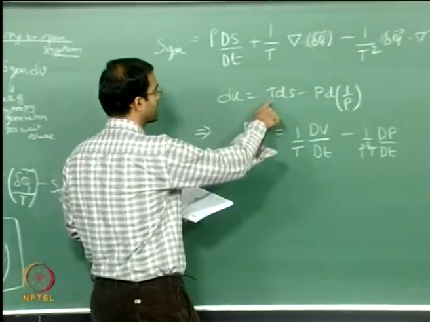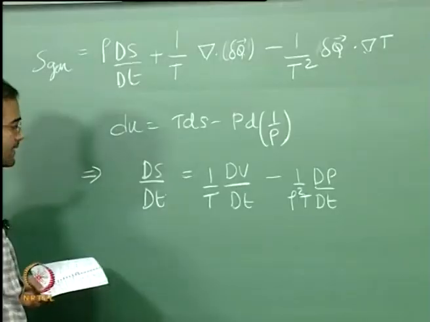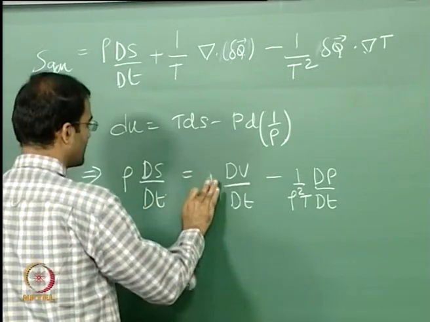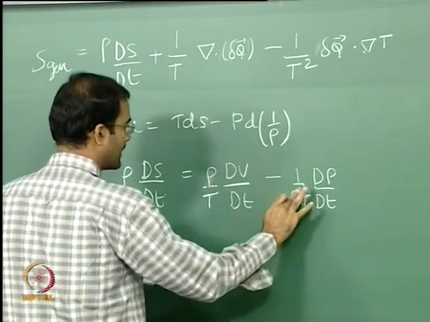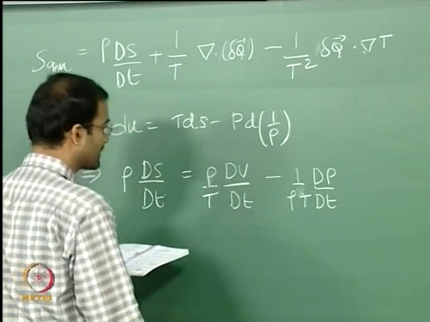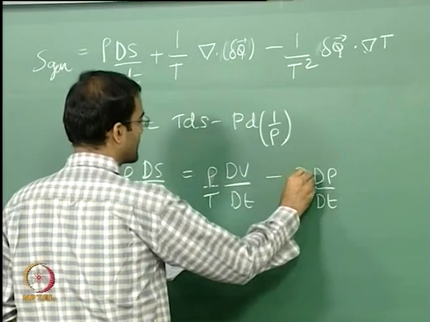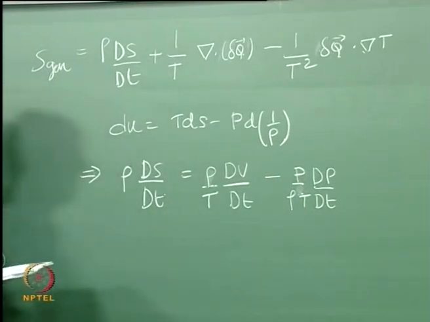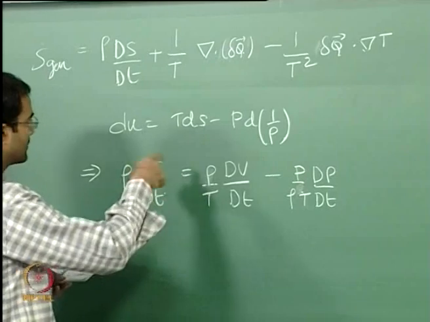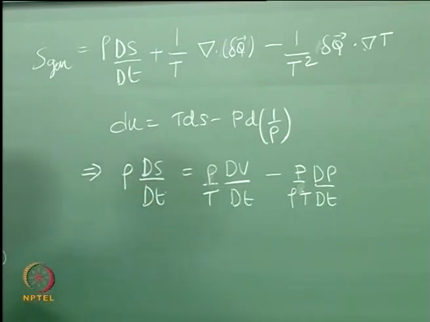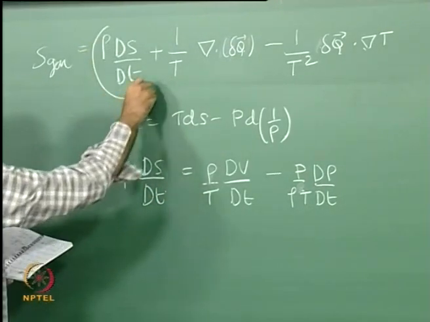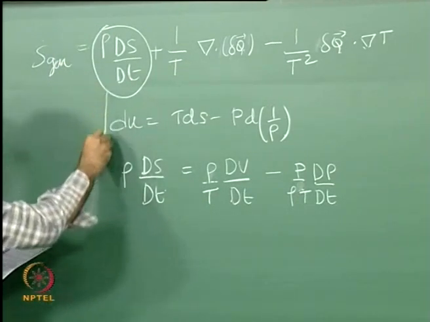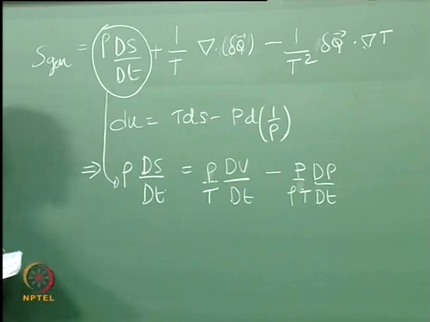So I am taking this T, dividing it on the other side, so I am now going to multiply this by rho throughout, so that this can be written as, that should be a P here, P by rho T, right? So this is a little bit of manipulation to suit my convenience here, because now I have to find some relation for rho ds by dt. So I am just expressing this from the Gibbs equation.